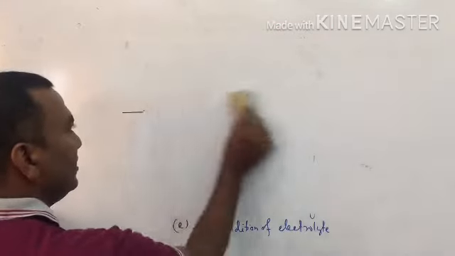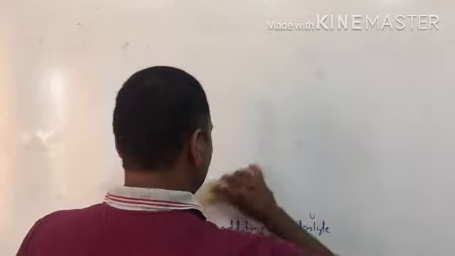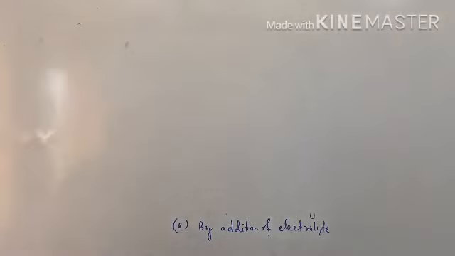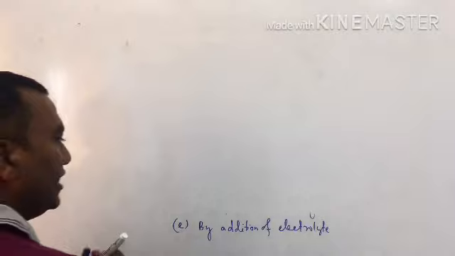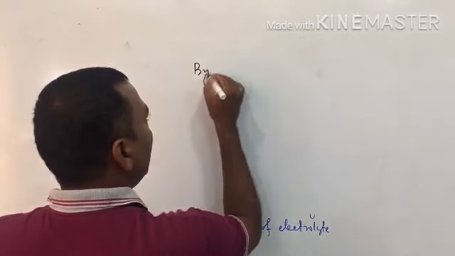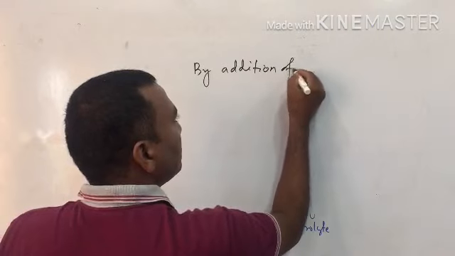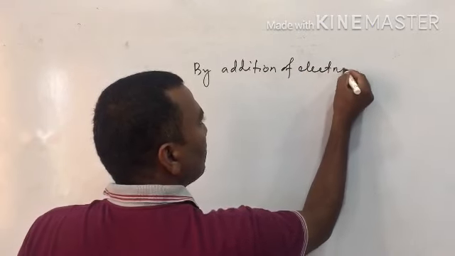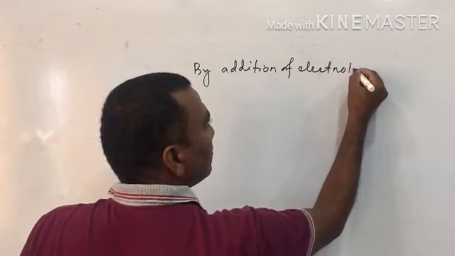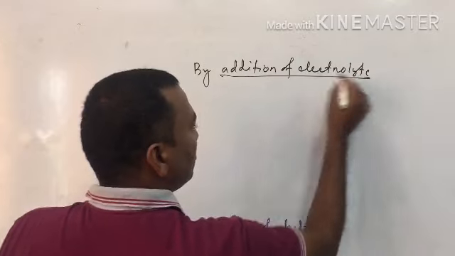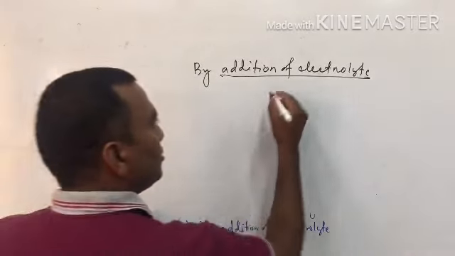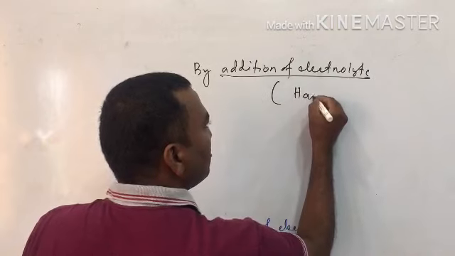Next, last but very important, is by addition of electrolyte. By addition of electrolyte, this is called the Hardy-Schulze rule.